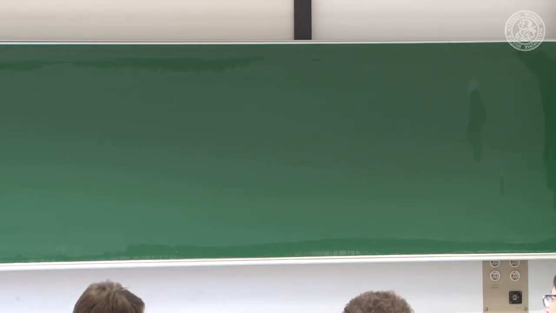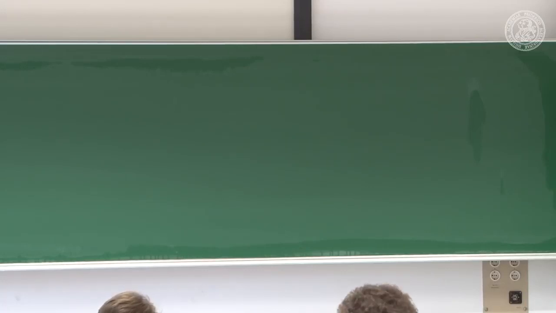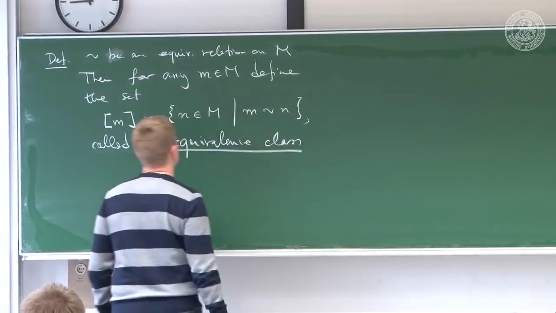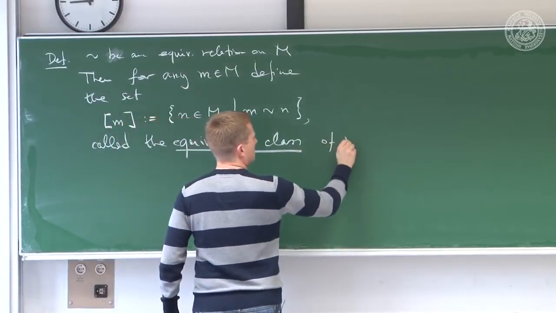Those are all those elements N of the set M which are equivalent to M. So once we have an equivalence relation, we very often read this as M is equivalent to N. Okay, this set is called the equivalence class of this element M.